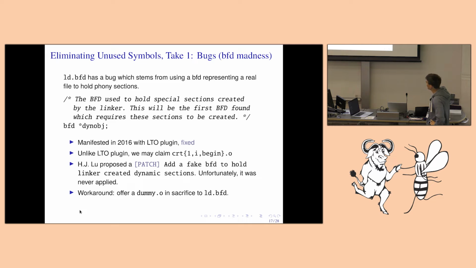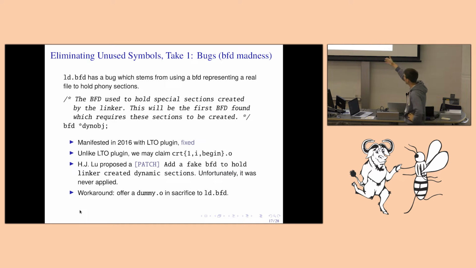The bug was first discovered in 2016 and fixed for LTO. However, our plugin claims more files than LTO. What happens is the linker finds the first BFD which was not claimed. In our case, since we claim CRT files, it happens to be a dynamic library. It adds a dynamic section to a dynamic library, and then it finds the wrong dynamic section in the library and just crashes.